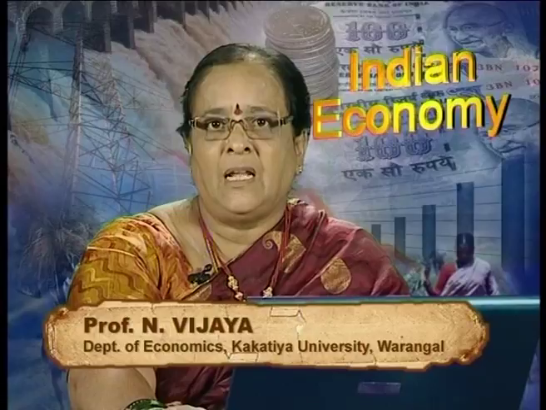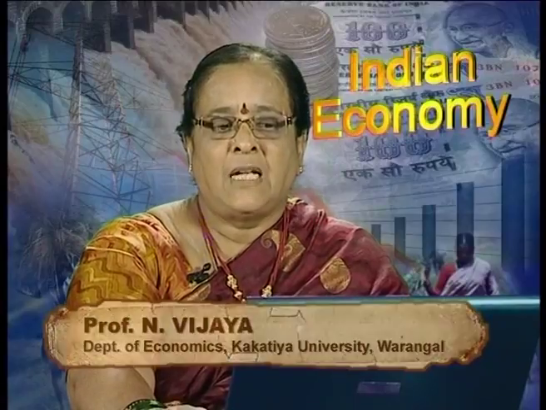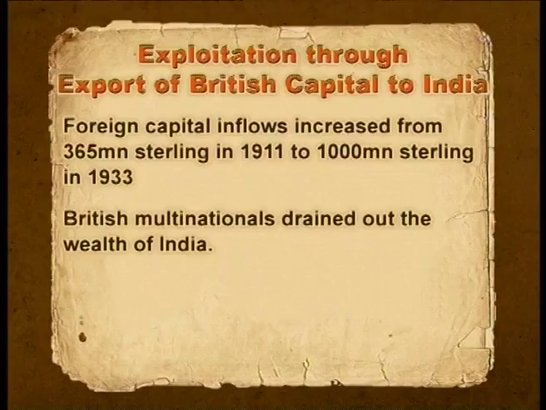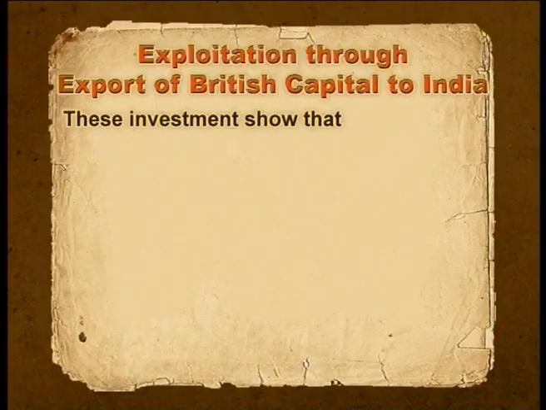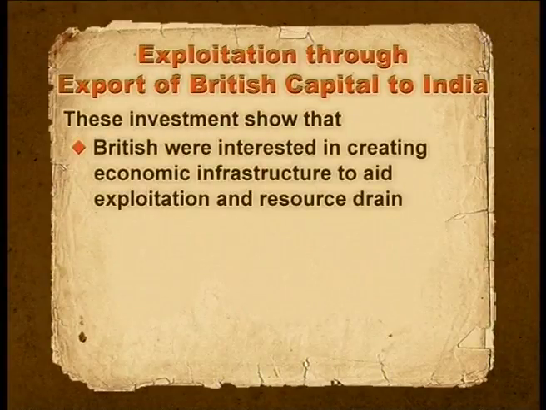By just looking at the capital inflows, one may feel that these were really beneficial, but what actually happened was a drain of resources. The British multinationals drained out the wealth of India, and these investments show that the British were more interested in creating economic infrastructure to aid exploitation and resource drain.